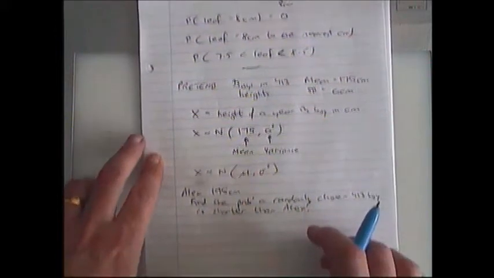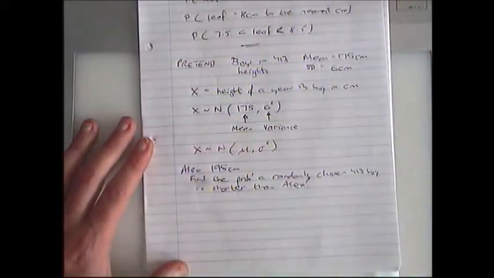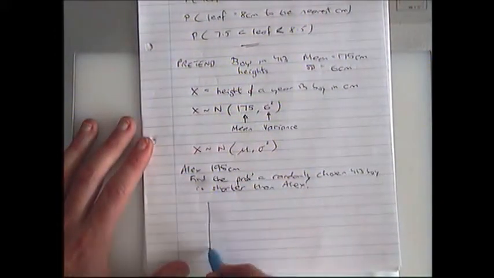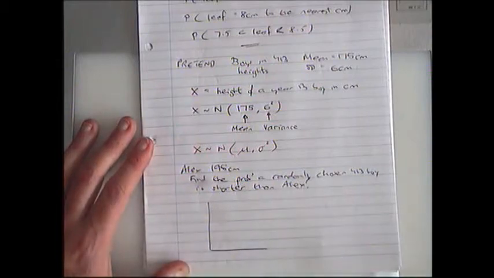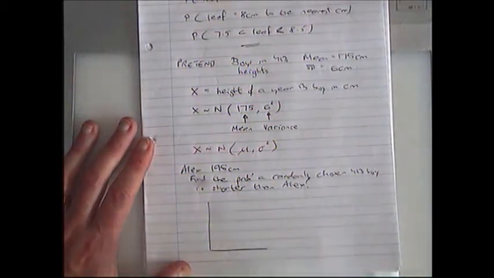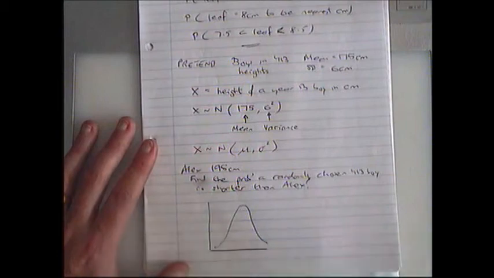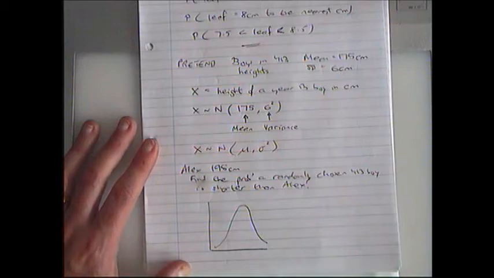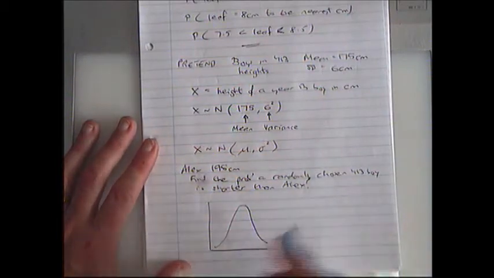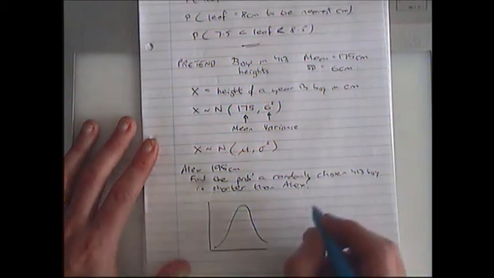So, if we just think about what we've got, we have got a graph, and it's always useful to do a sketch. A normal curve does not have to be beautifully accurate, it's just a sketch. What do we know about it? We know the mean. This graph is always symmetric.